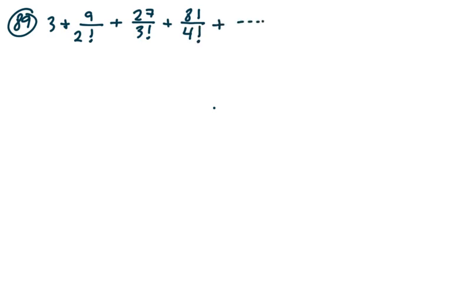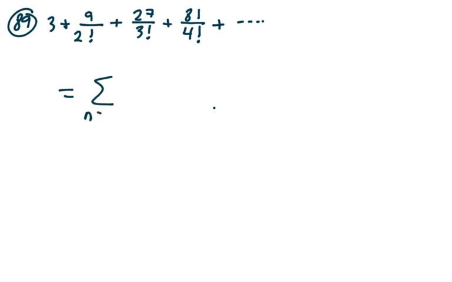So on 89, we have 3 plus 9 over 2 factorial plus 27 over 3 factorial plus 81 over 4 factorial. And we keep going in this pattern. You want to write this using summation notation. It's just more advantageous to do that.